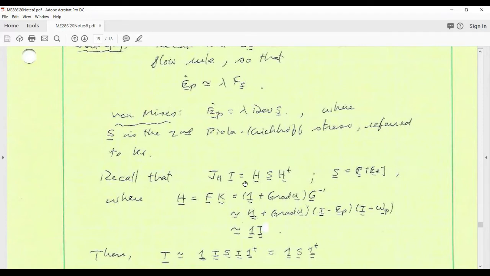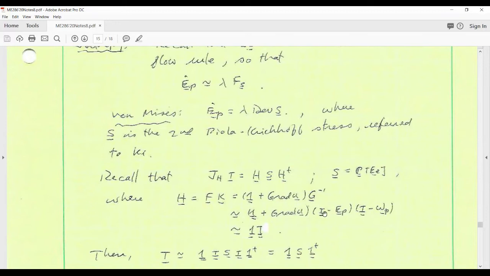So let's invoke our approximations. H is F k exactly, F is this, k is G inverse. Write G inverse in this way, that's U inverse R, U G inverse R transpose, R sub G transpose, that's approximated by this product.